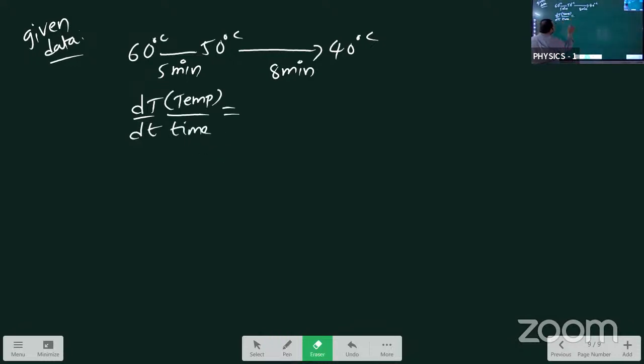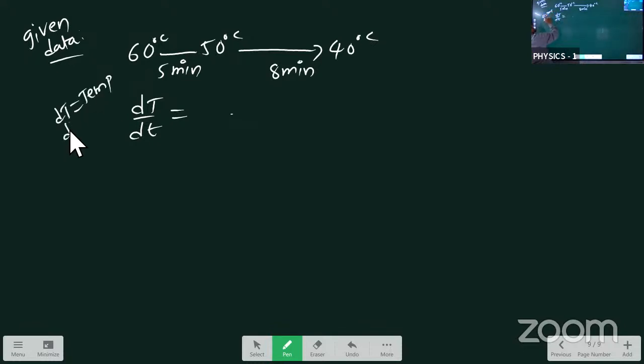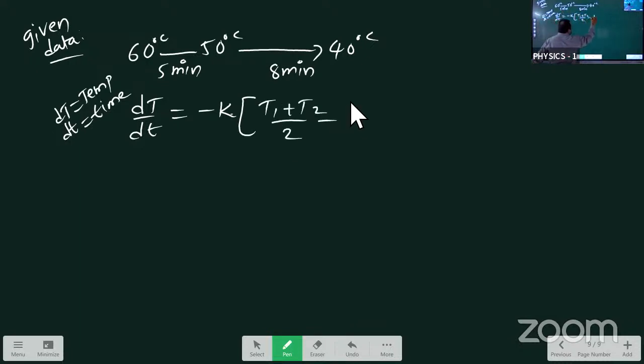So here, student, I am writing dT equals temperature, small t is nothing but time. dT/dt equals minus k into the average of the 2 temperatures. I already said the average formula. This is the formula. Writing the formula in terms of temperature carries 1 mark and is compulsory. Don't go towards the heat formula.